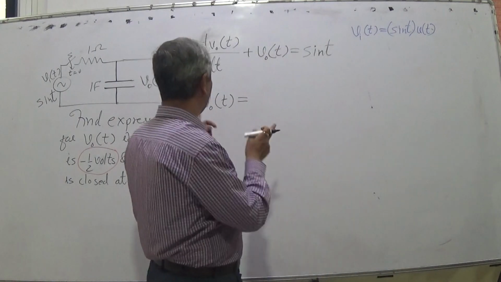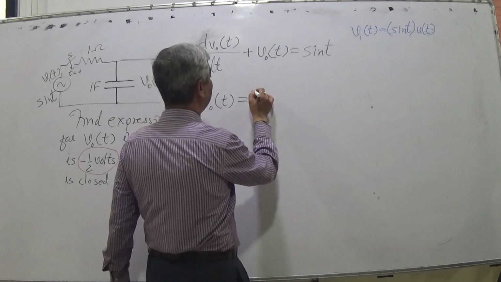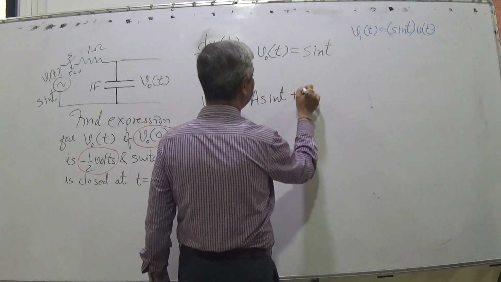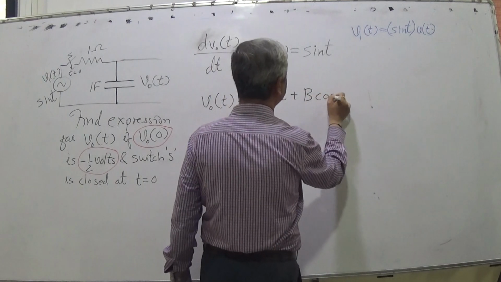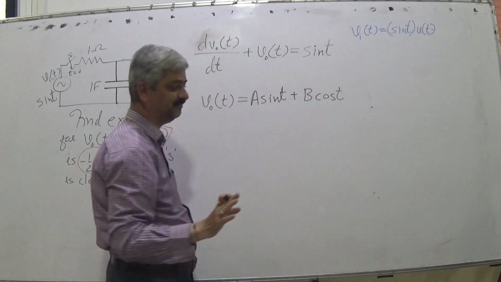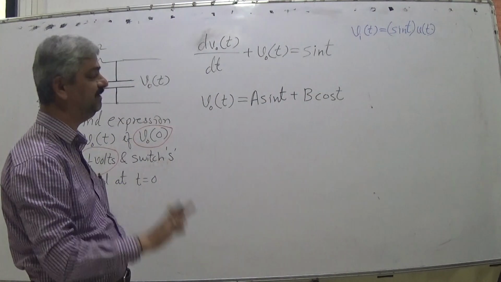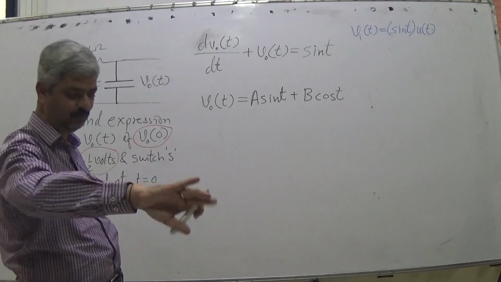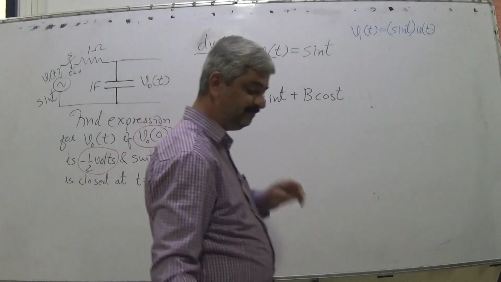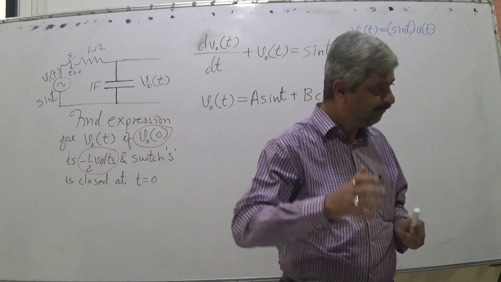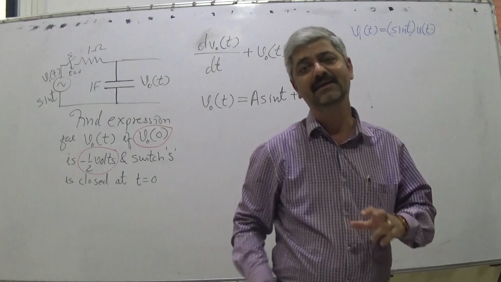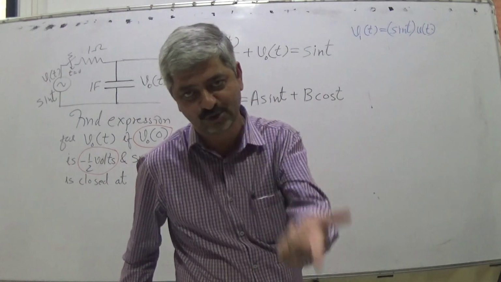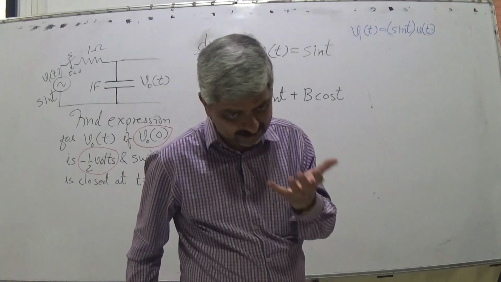Sinusoid means A sin t plus B cos t is a solution, and you have to find the values of A and B. Finding the values of A and B is a good trigonometric exercise which you should carry out on your own so that you get acquainted.